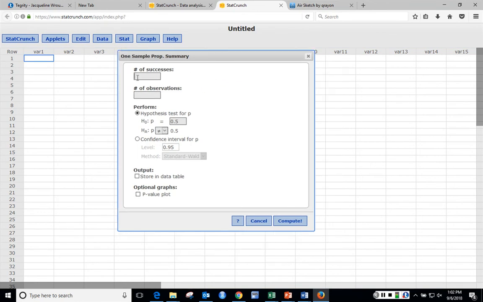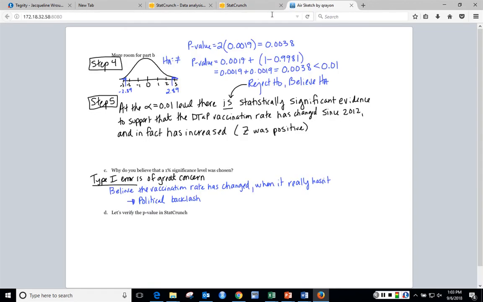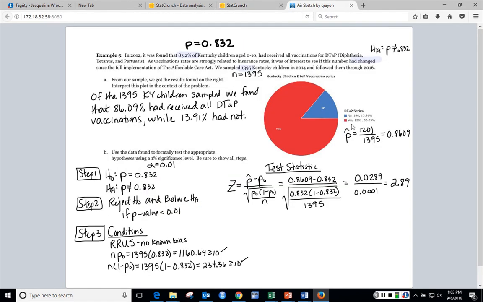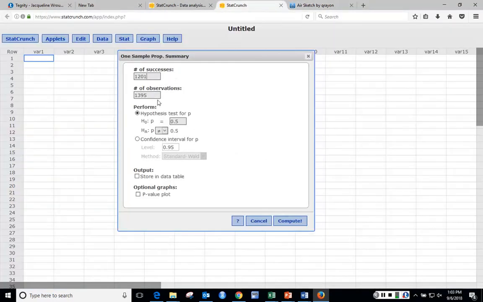So the numbers I need to give it here are my two numbers that created p hat. So there was 1,395 total observations. 1,201 were successes. Now, where am I getting that number? That was our number of yeses. Those were our two numbers here that I used to create that p hat.